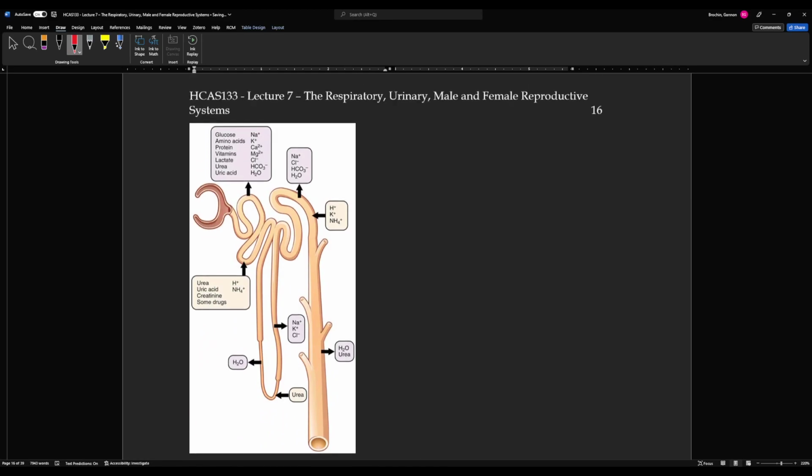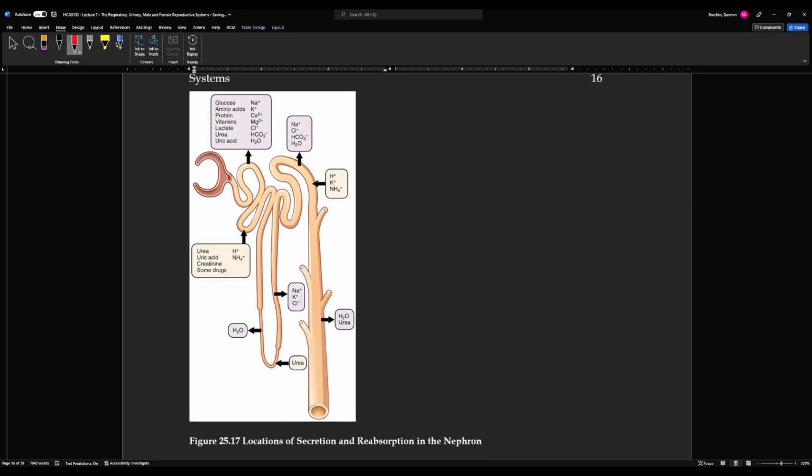So, on to tubular reabsorption. We're back now to our nephron. Remember the proximal convoluted tubule, the descending loop of Henle, the ascending loop of Henle, and the distal convoluted tubule.